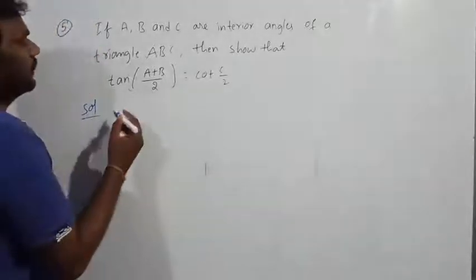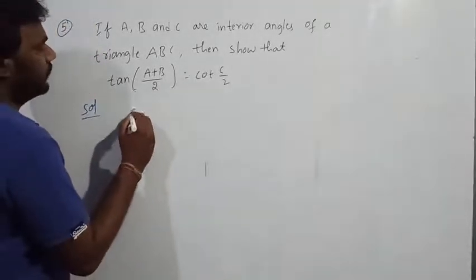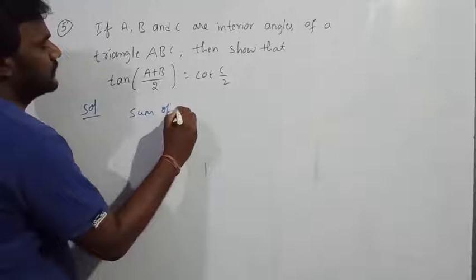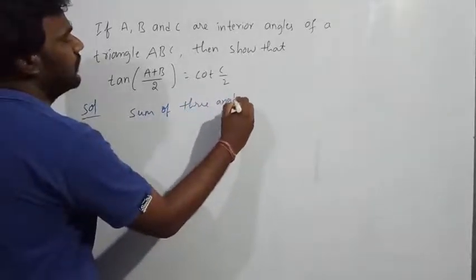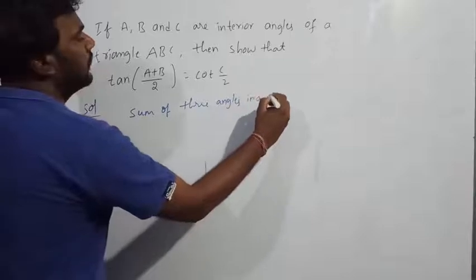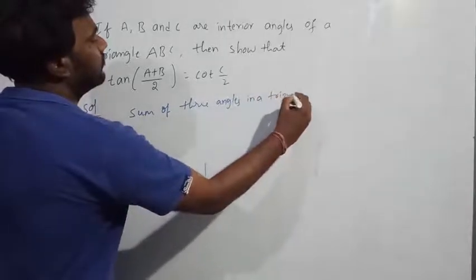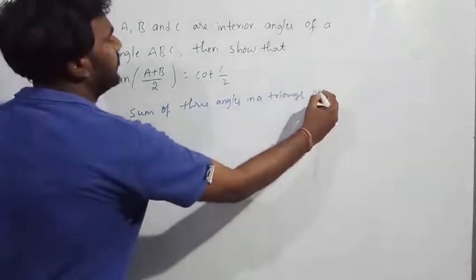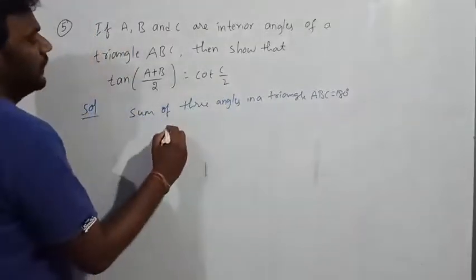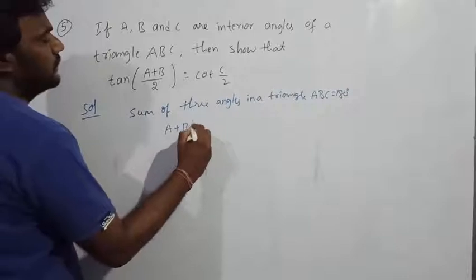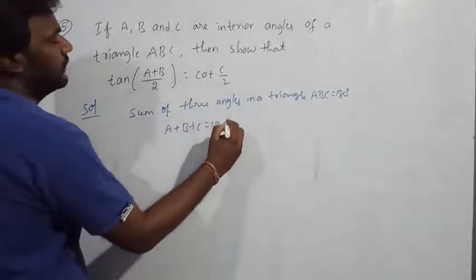So the sum of the three angles in triangle ABC equals 180 degrees. So A plus B plus C equals 180 degrees.